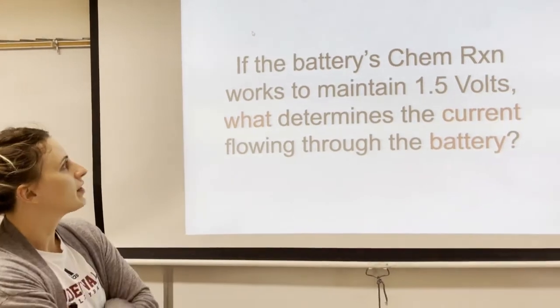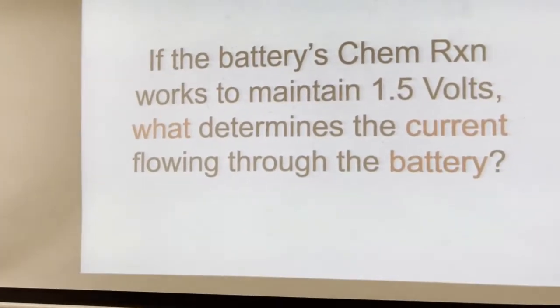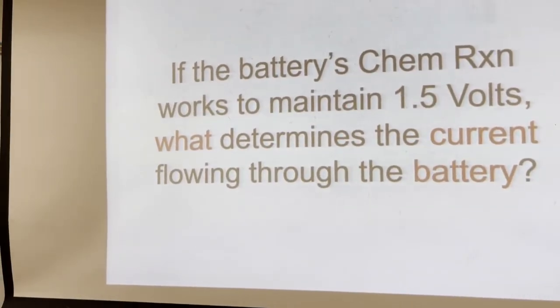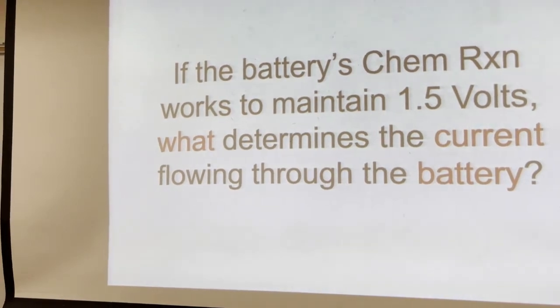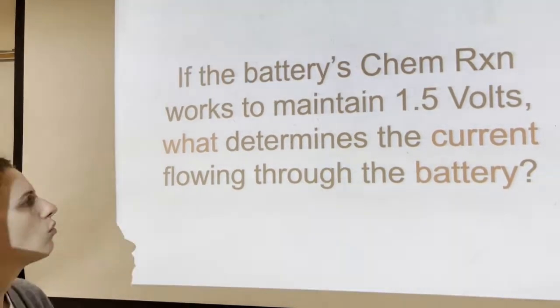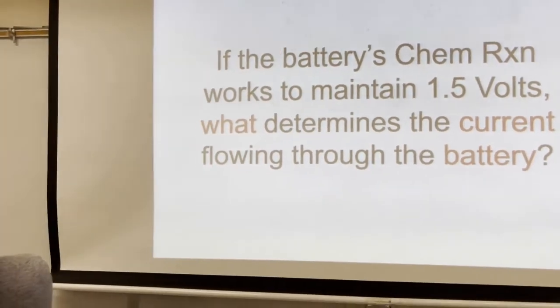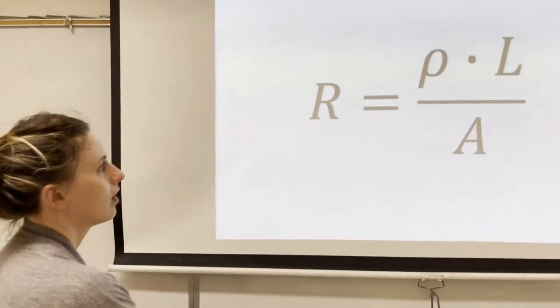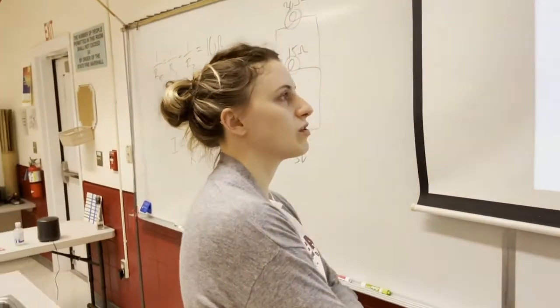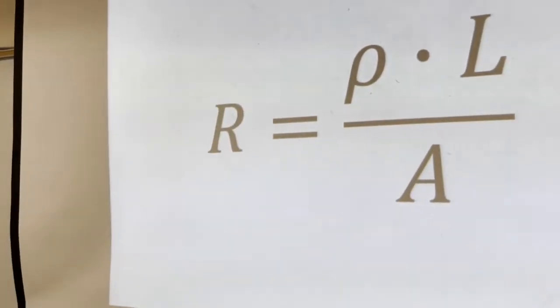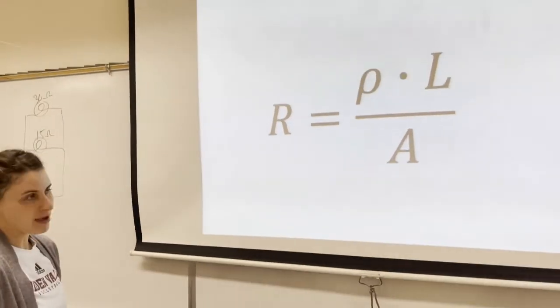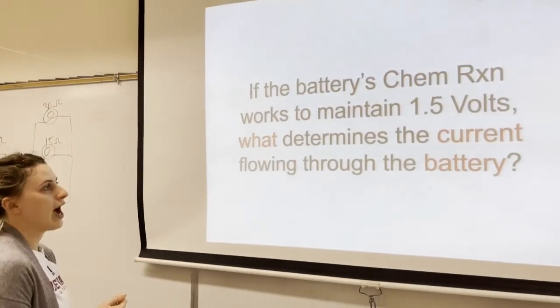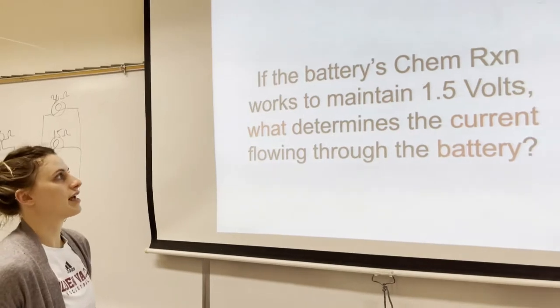Okay, if the battery's chemical reaction works to maintain 1.5 volts, what determines the current flowing through the battery? What determines the current? Where do those wires go? So it all comes down to resistance.